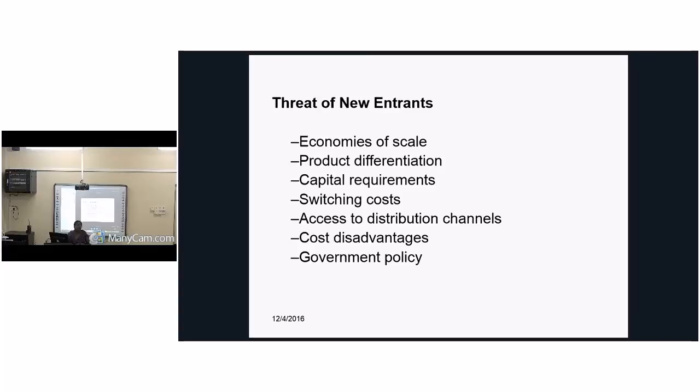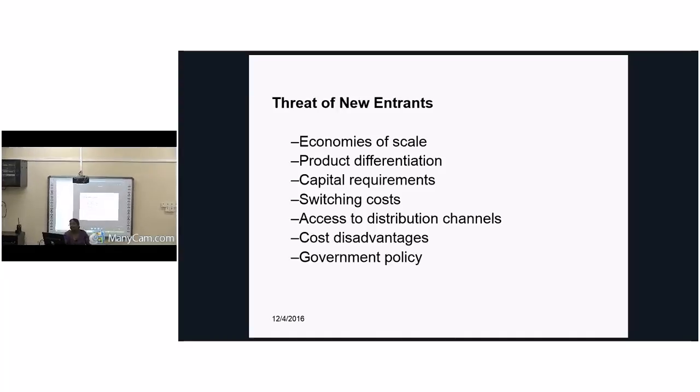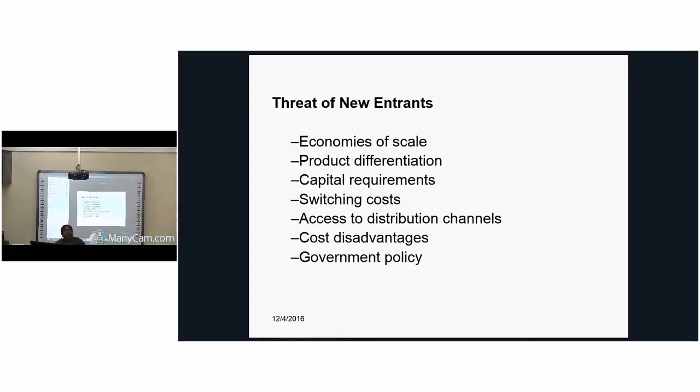But if a new company can maintain economies of scale at 25, they have the advantage. The industry average is 70, but the new company can maintain 25. Then there will be a threat from new entrants.